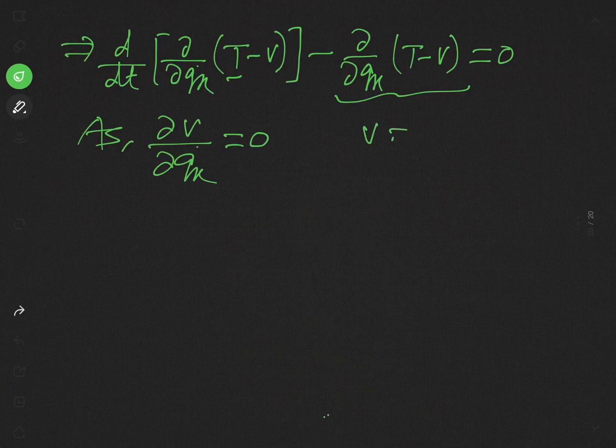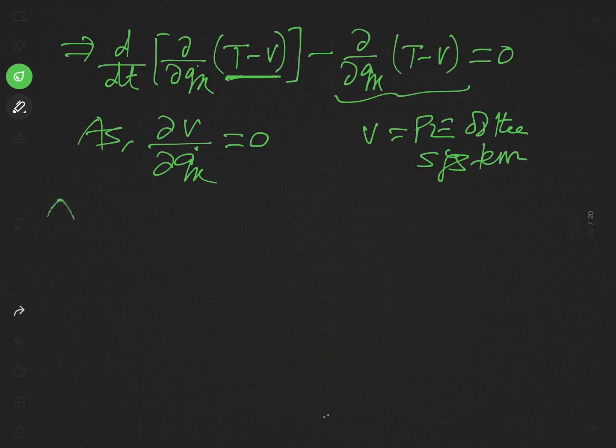Since V is the potential energy of the system, and we know the potential energy of a conservative system is not dependent on generalized velocity. It depends on position only. So whenever we differentiate V with respect to velocity, the result will be 0. So our result does not get altered when we write T minus V instead of T. So we may write it.